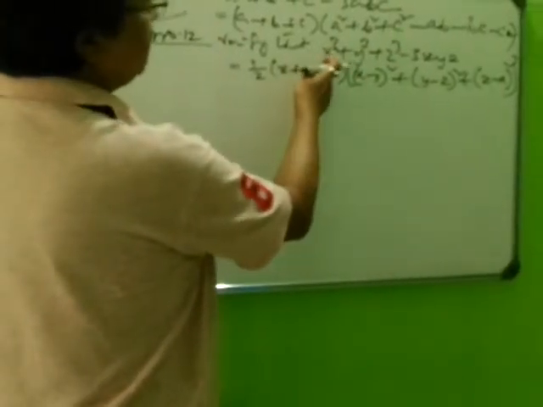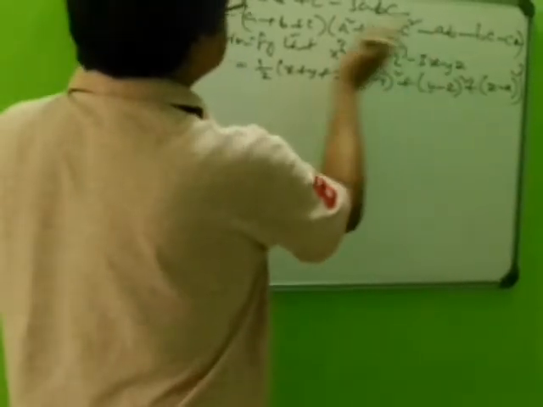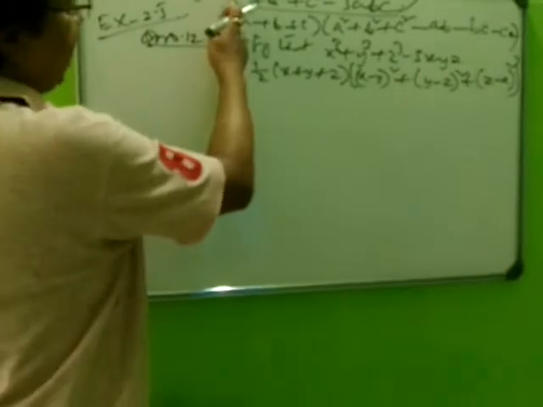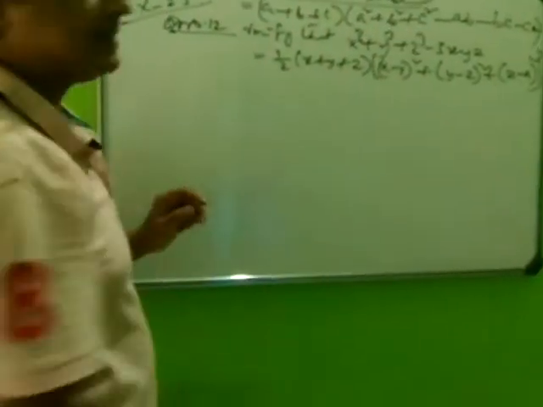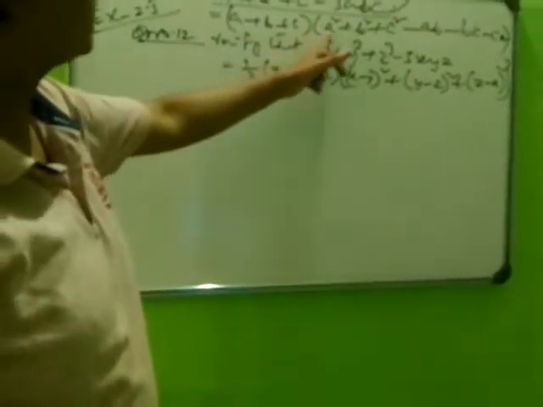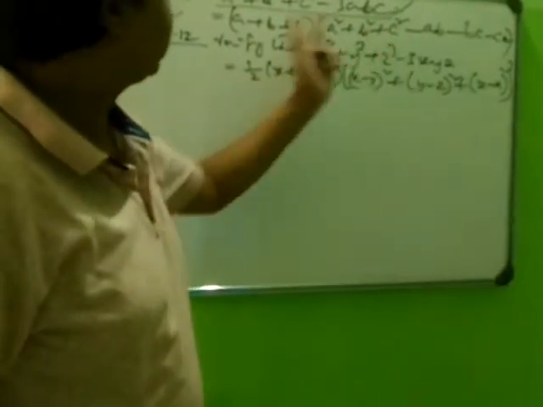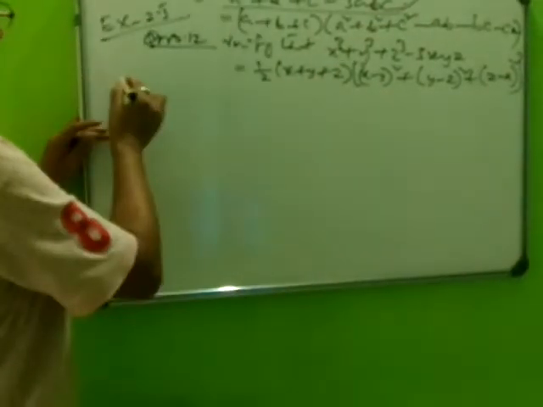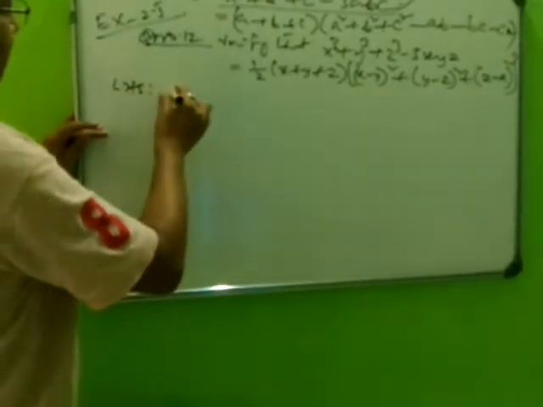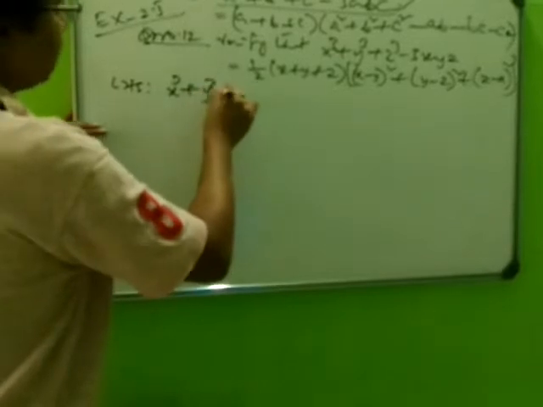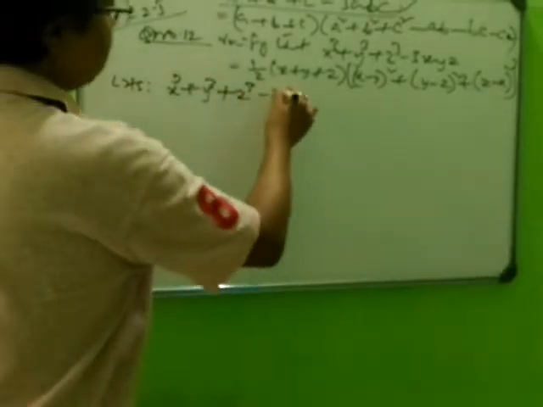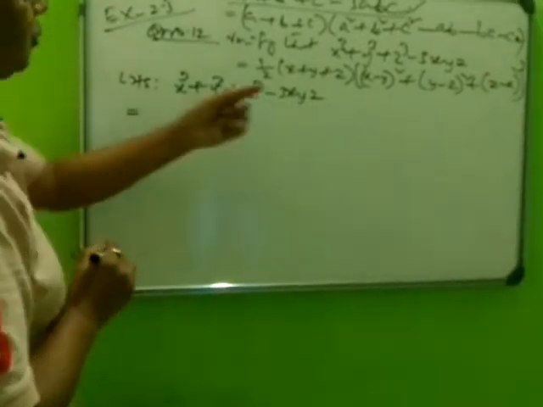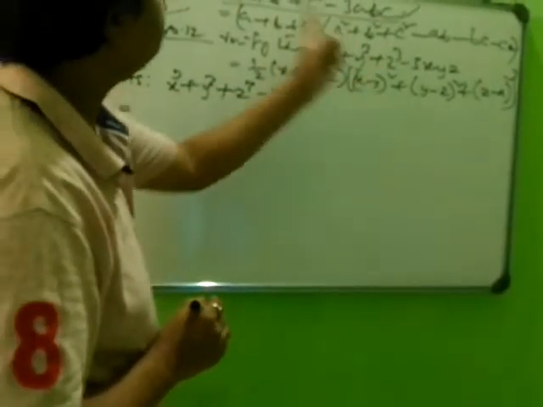So here x cube, y cube, z cube minus thrice xyz can be compared with this first line. If a cube plus b cube plus c cube minus thrice abc gives a plus b plus c into a square plus b square plus c square minus ab minus bc minus ca, you can compare x, y, z with a, b, c.